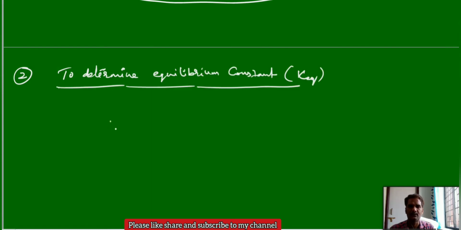Again, you write the overall cell equation for a particular cell reaction: E is equal to E naught minus 0.0591 by n log of Q. This is the general Nernst equation.